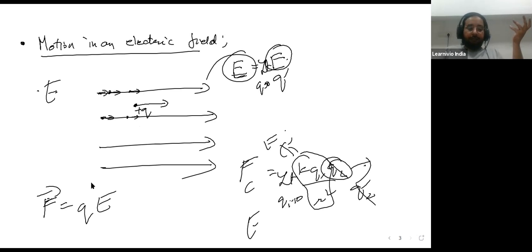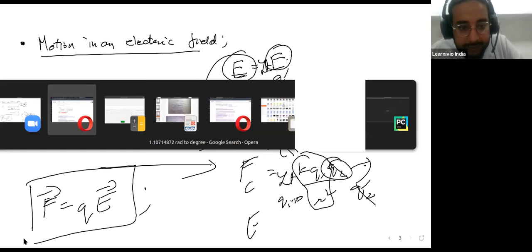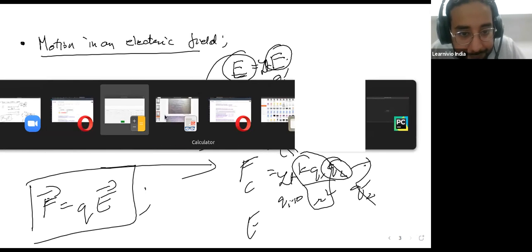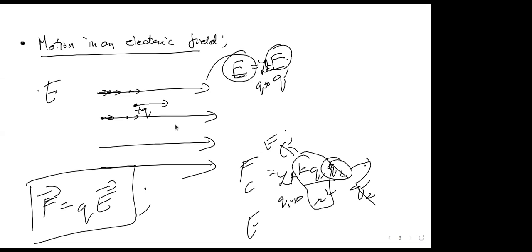All of them are vectors. Does this make sense? So force is equal to charge into electric field, because electric field is equal to force over charge.